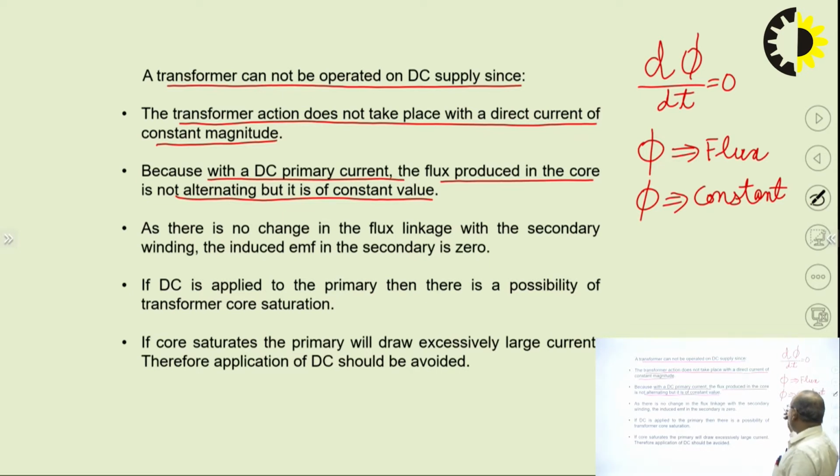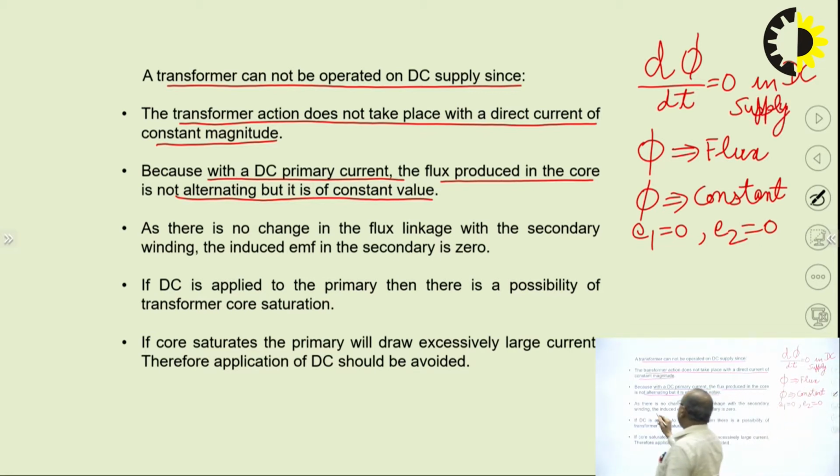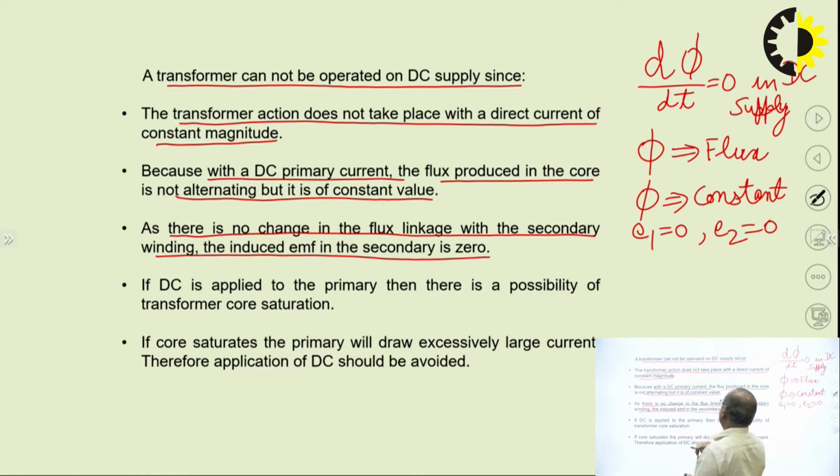So, E1 is 0 and E2 is also 0 in DC supply. The same thing is elaborated here: as there is no change in flux linkage with the secondary winding, the induced EMF in the secondary winding is 0.